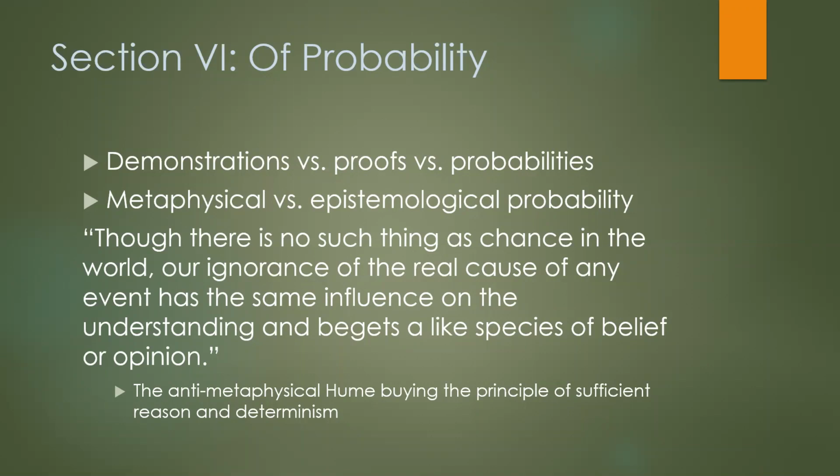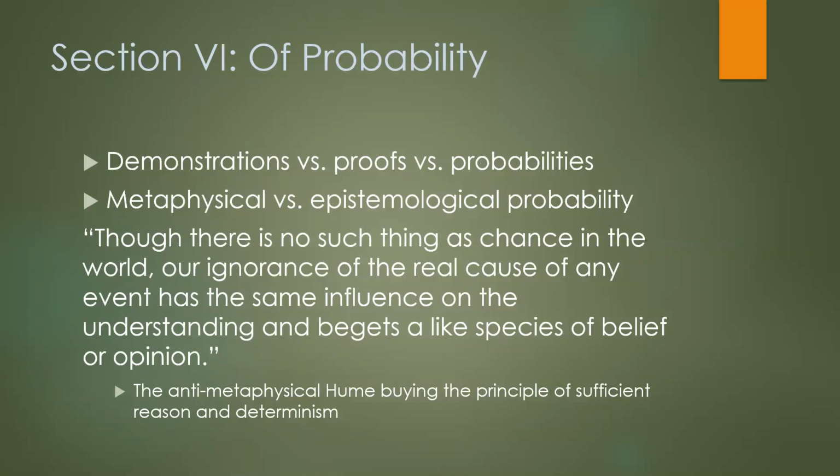He says, "Though there's no such thing as chance in the world, our ignorance of the real cause of any event has the same influence on the understanding and begets a like species of belief or opinion." A like species. That is, it's not metaphysical probability. There is no such thing as chance.